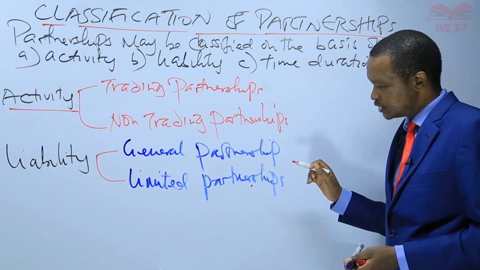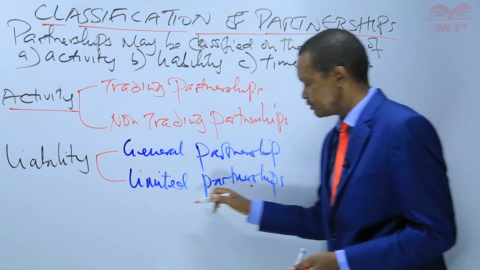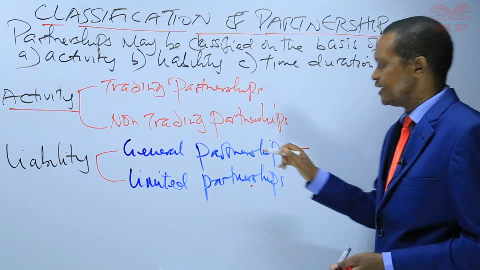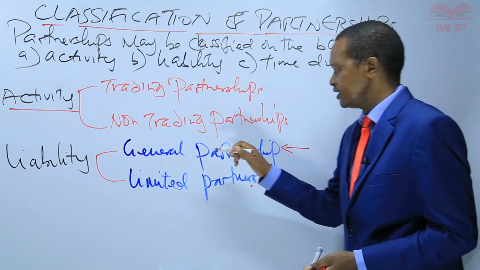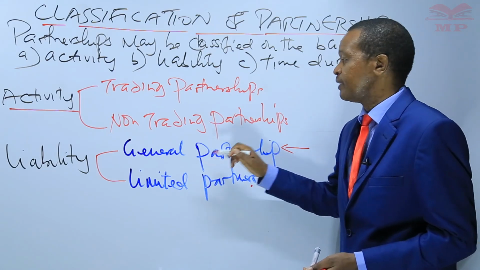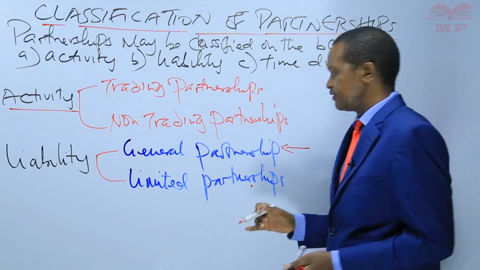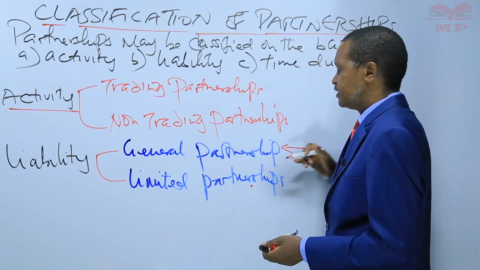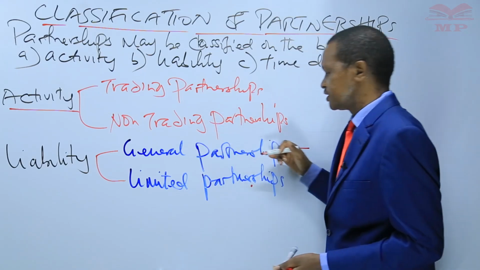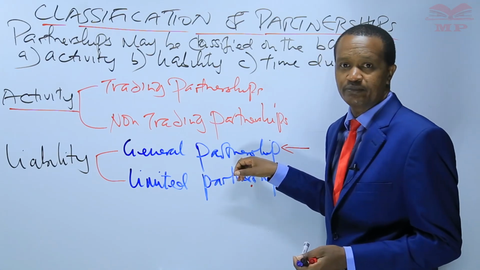And among the 20 partners, one or more of these must be a general partner, meaning that the liability of this general partner or partners must be unlimited, such that in case the firm is unable to pay debts, then the personal properties of these general partners can be sold off to pay the debts of the firm.